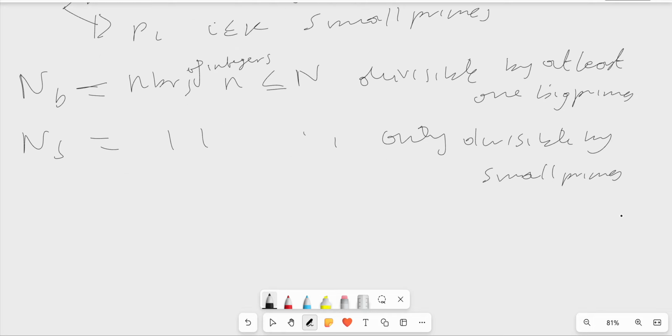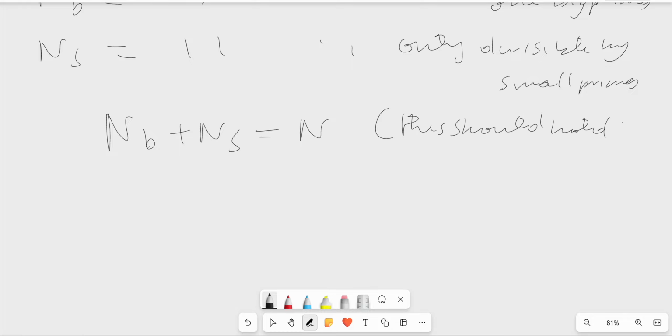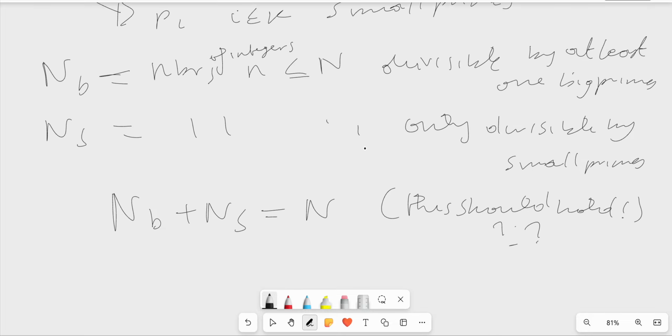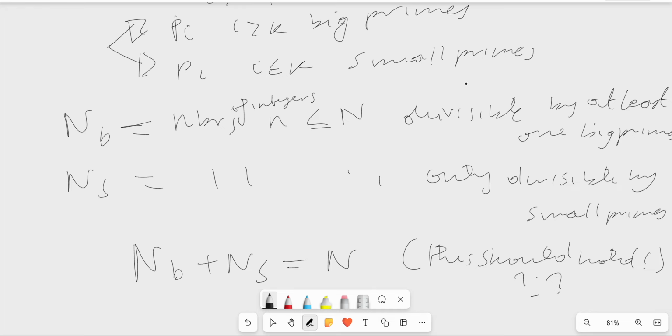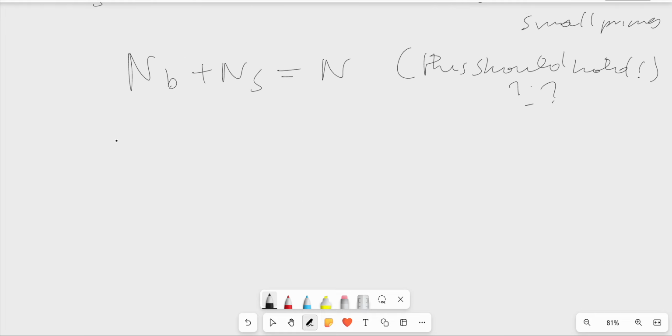So where do we go next from this? Oh, hang on a sec. We know that NB plus NS should be n, this should hold. Yeah, it should hold because any number less than or equal to n is either in this case or this one. So here's the contradiction.